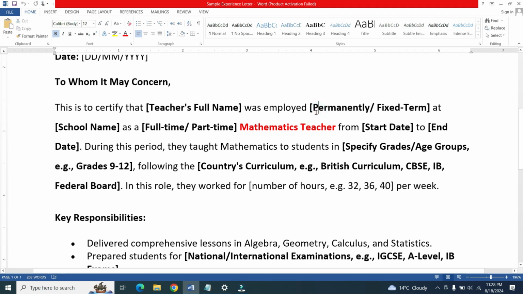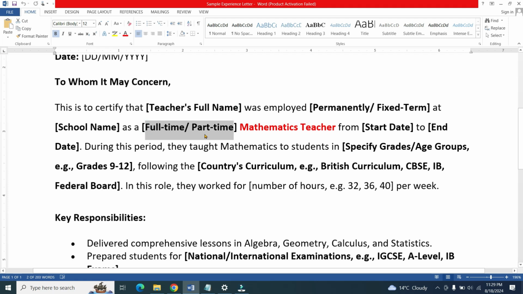So your experience letter should clearly mention whether it is a permanent job or a fixed term, whether you are a permanent teacher or a fixed term teacher. So for example, "the teacher name was employed permanently at school name as a full-time and part-time."